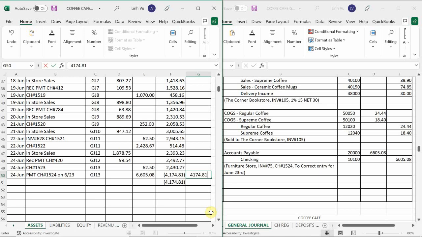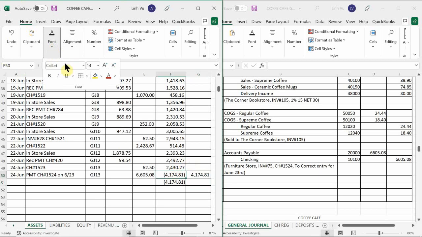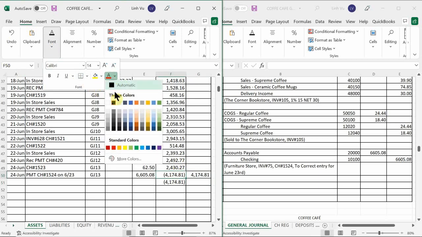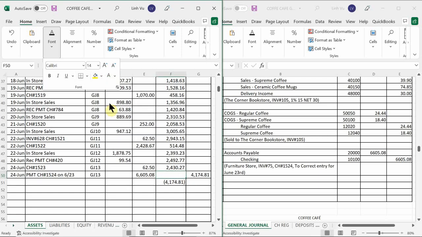So 4174.81. And what I like to do is hide this so it doesn't show, but at the same time, I'm trying to keep my formula in there so I don't have to keep switching the formulas back and forth from credit to debit. Okay, because at the end of the day, your bank account should be positive at most times.